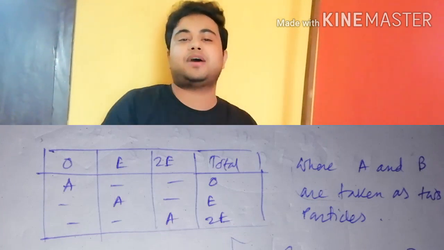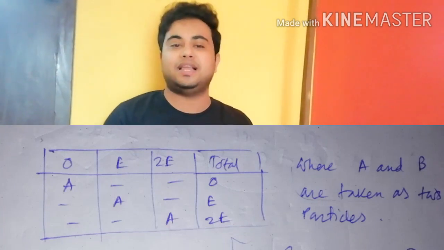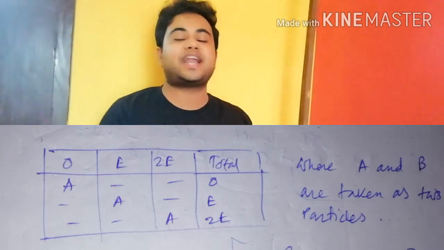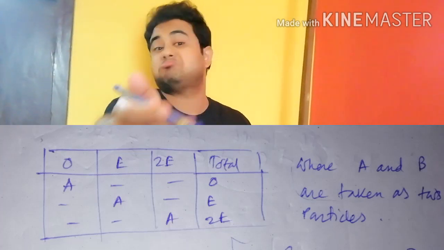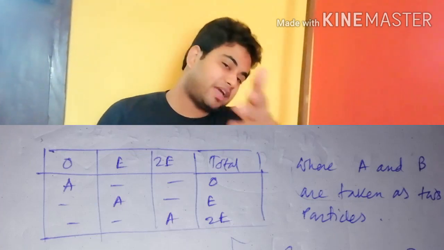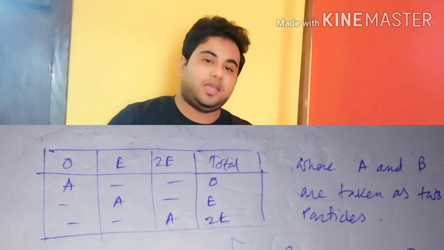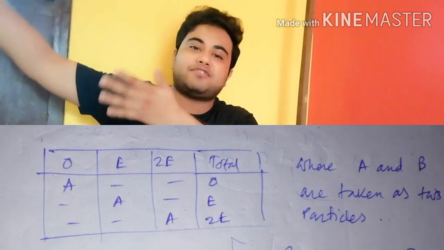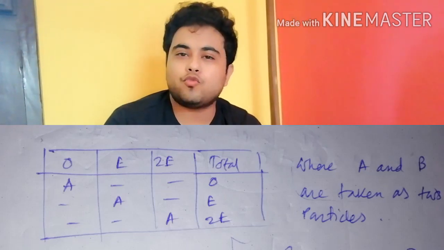At first I have kept particle A in energy level 0. In the second configuration I have kept particle A in energy level E, and in the third I have kept the particle in energy level 2E. I have also made a chart of the total energy. You can see the problem on your screen.